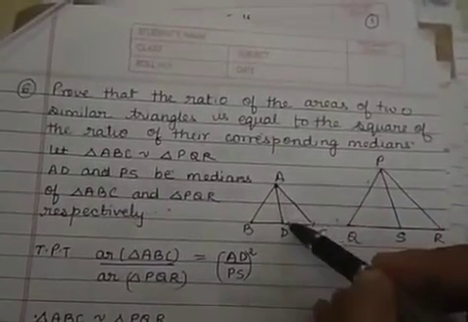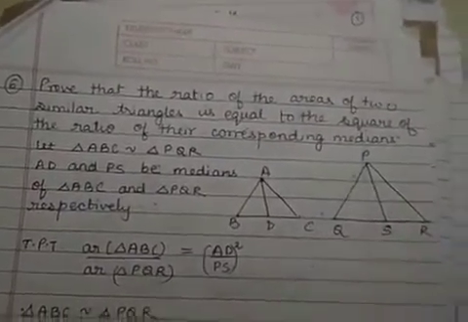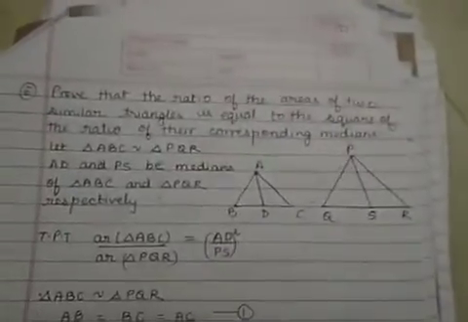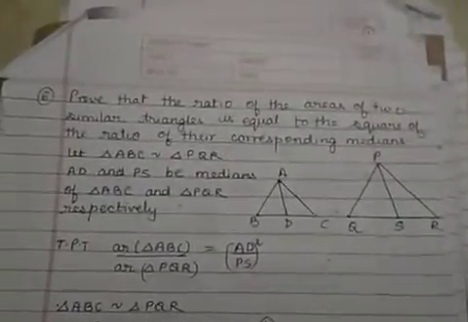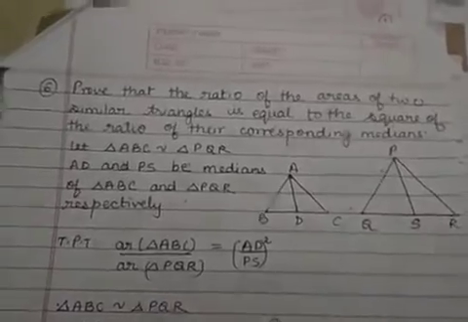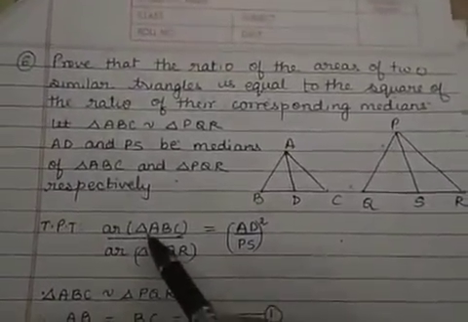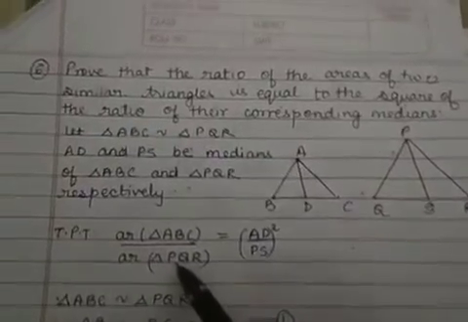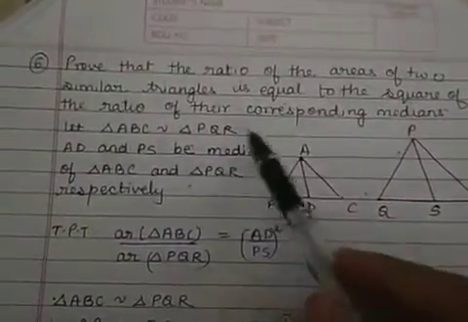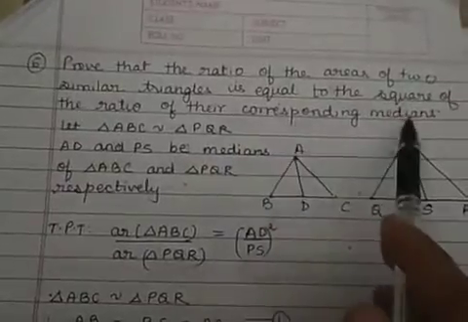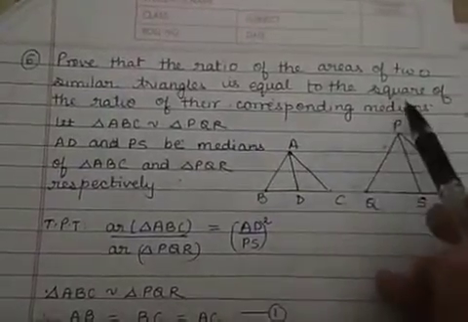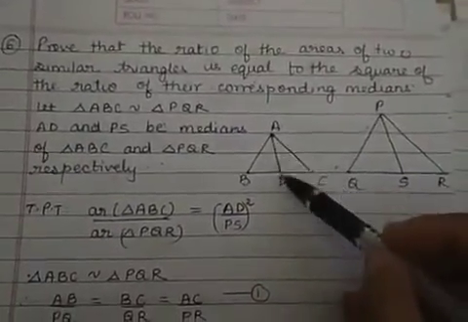So let AD and PS be the medians of triangle ABC and triangle PQR respectively. What you have to prove is that area of triangle ABC upon area of triangle PQR is equal to the square of the ratio of their corresponding medians, so AD upon PS the whole square. This is what we have to prove.